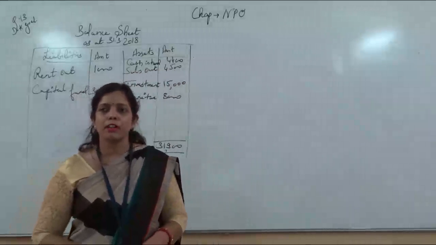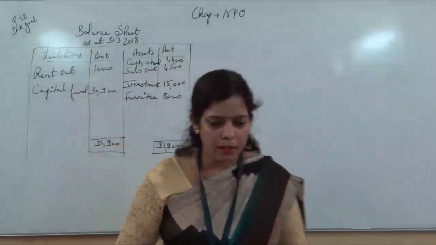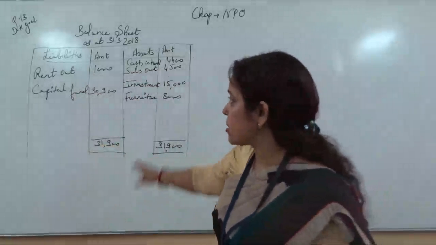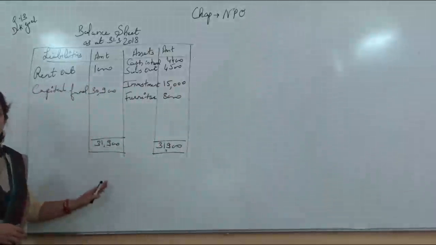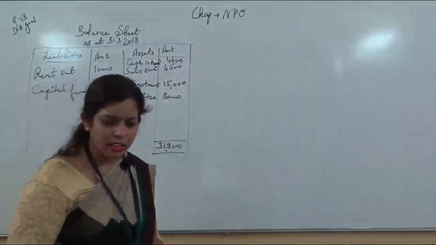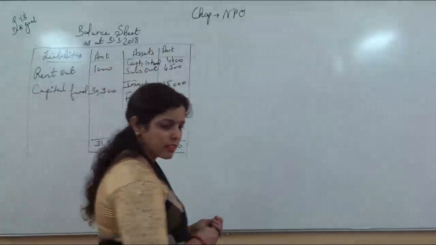Now let us prepare the income and expenditure account. So here, what we have taken? We have taken all the items which were related to the previous year. Now let us make the income and expenditure account. Let us make it this side here.